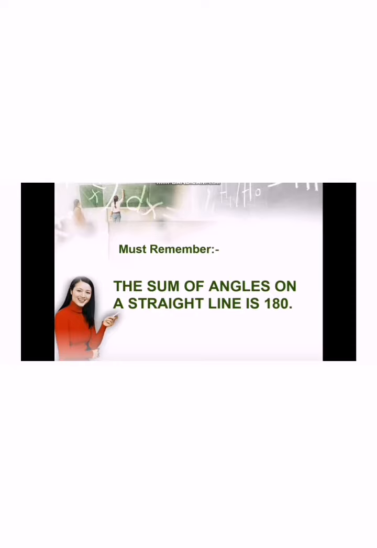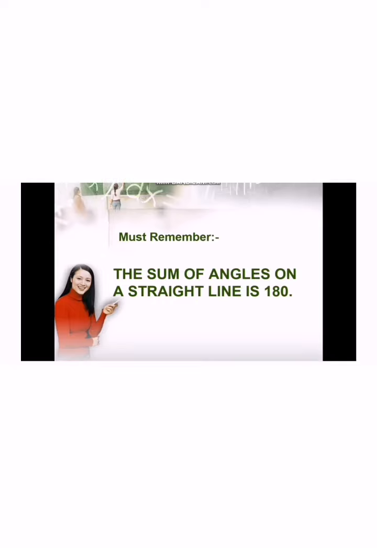Everybody must remember the sum of the angles on a straight line is 180 degrees. In other words, when we have a straight line, all the angles add up to 180 degrees. If a straight line has two angles or more, here we have two angles.